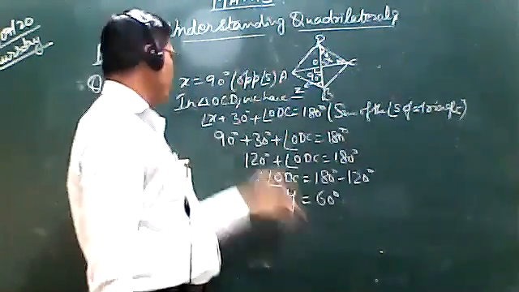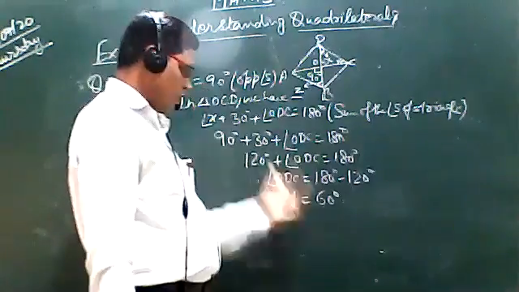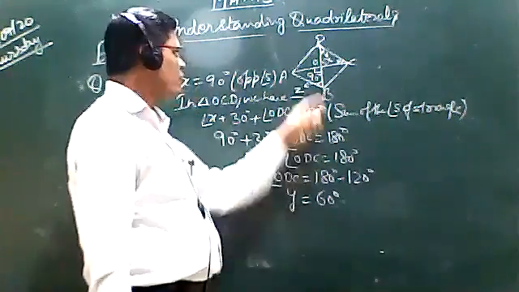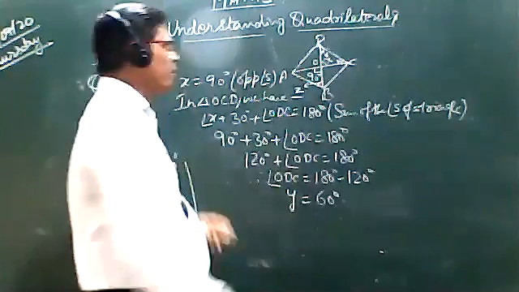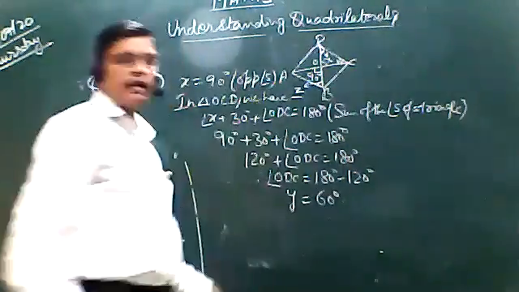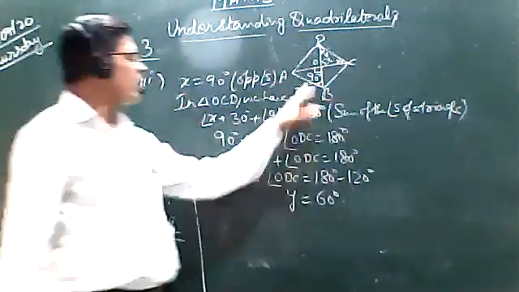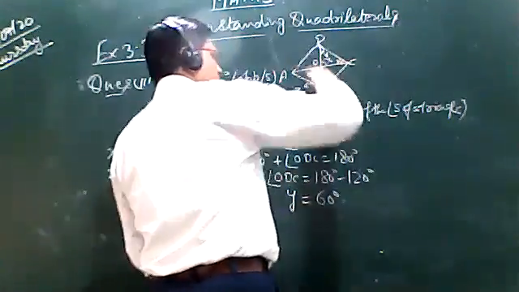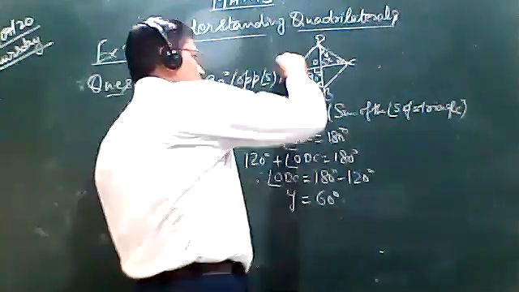Okay, so we already find x, y is also fine. Now we find angle Z. Now this line and this line, because it is a parallelogram, CD is parallel to AB.